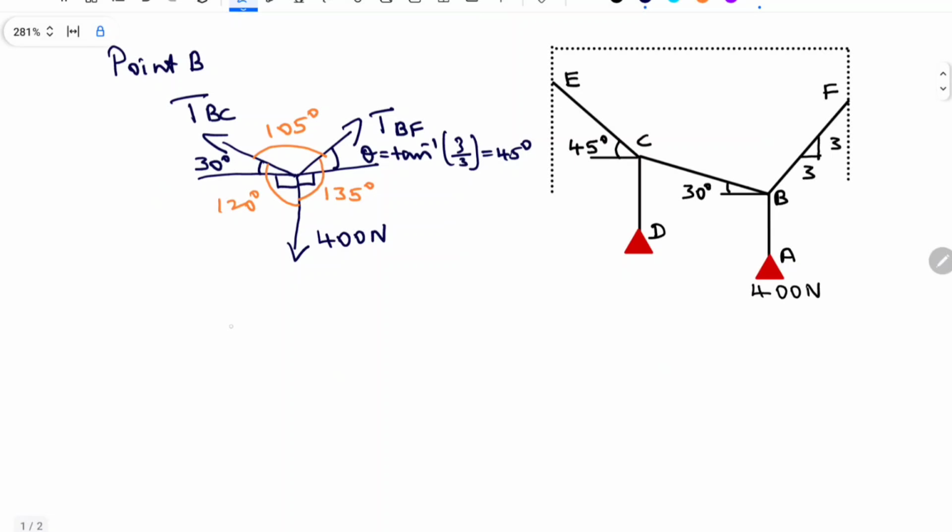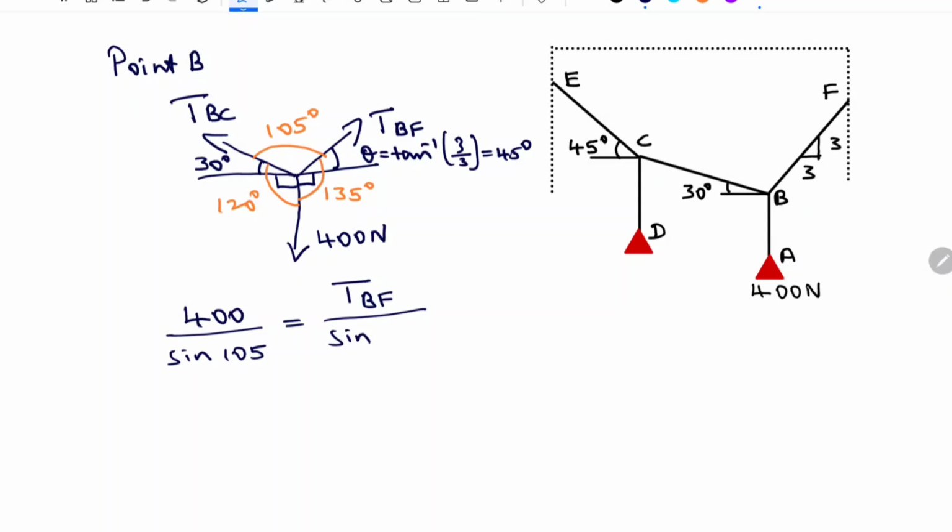I am going to use Lami's principle. I am starting with the known force. It is 400 divided by sine of the other two forces, sine 105, that is equal to TBF divided by sine of the other two forces, 120 degree. Remember that when you are writing 400 Newton, you should take the angle between the other two forces, that is 105.